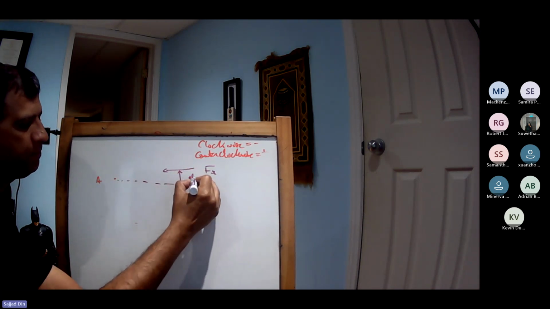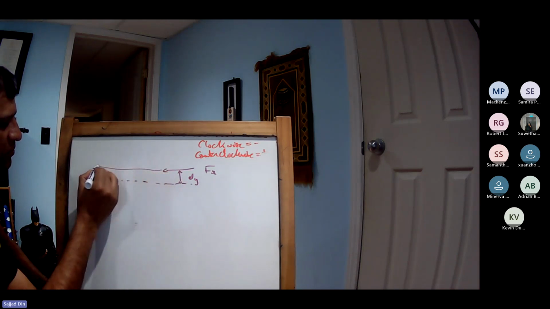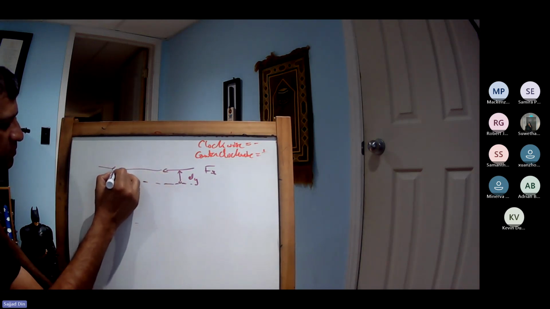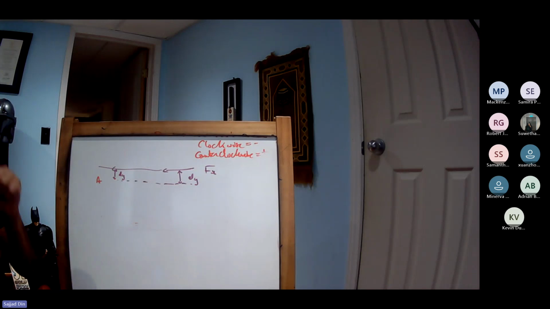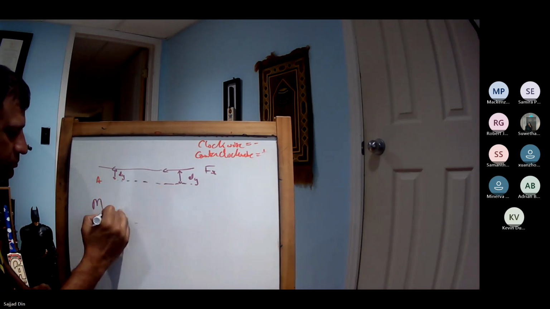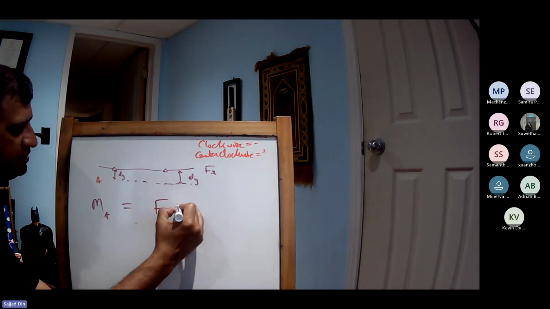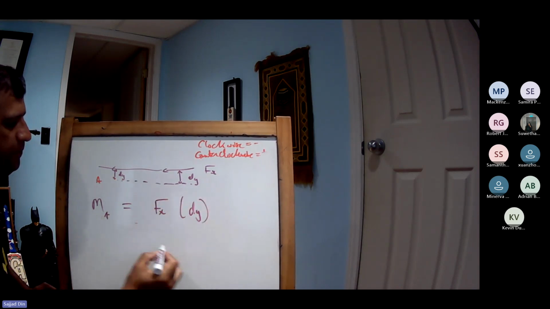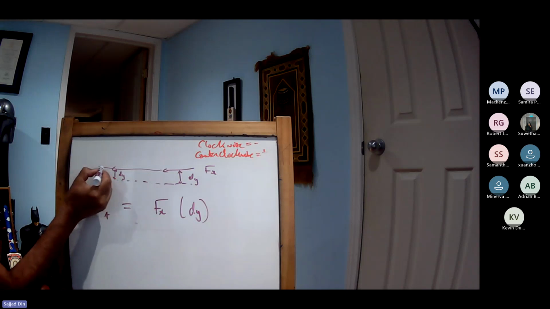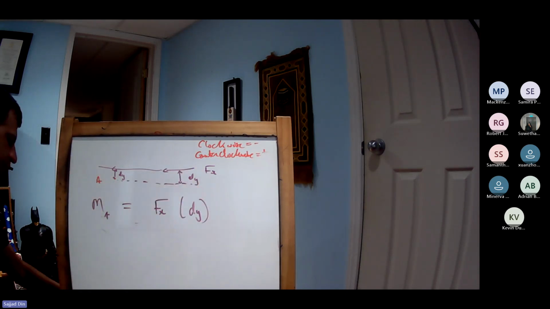Well, you can calculate it this way, or you just continue this line all the way through and then determine the perpendicular distance. So the moment of the force around A due to Fx is going to be Fx times dy. But because of the way it's set up, it's going to be counterclockwise, so it remains positive.